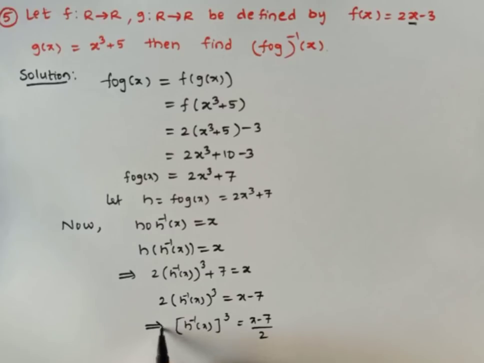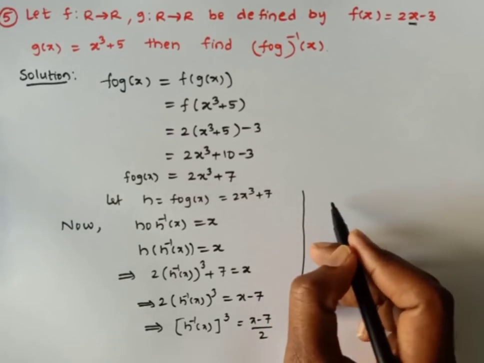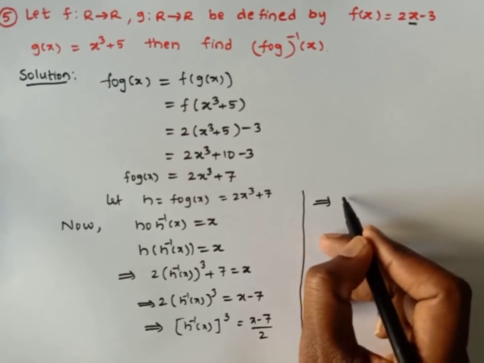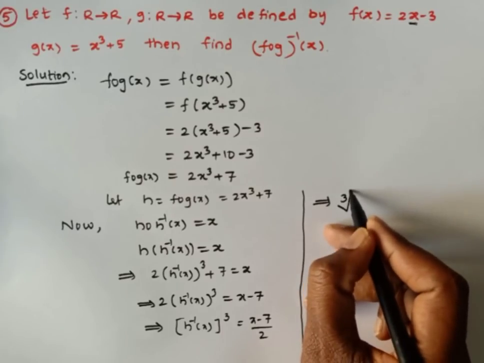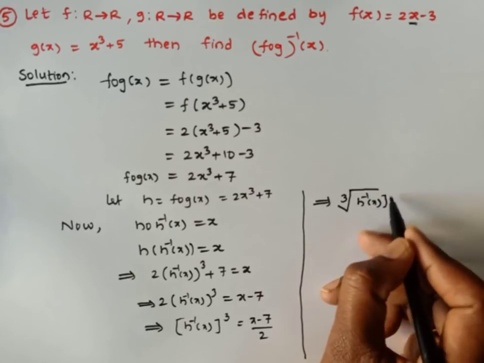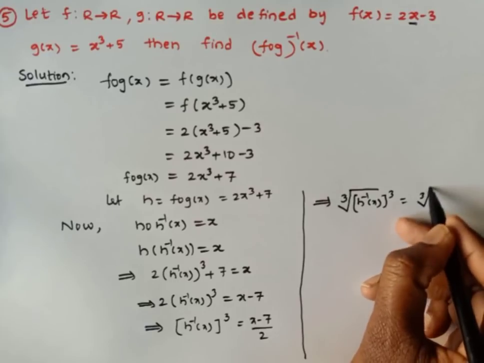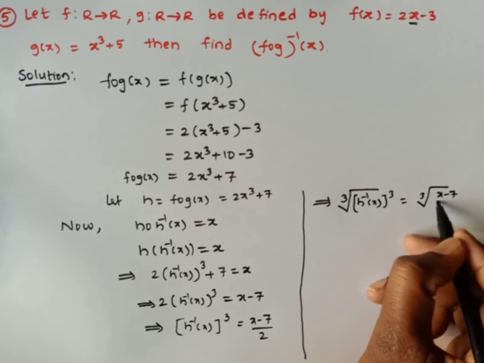But here we need to express only h inverse of x. But h inverse of x whole cube is there. So just apply the cube root on both sides. Therefore h inverse of x whole cube is equal to cube root of x minus 7 by 2.